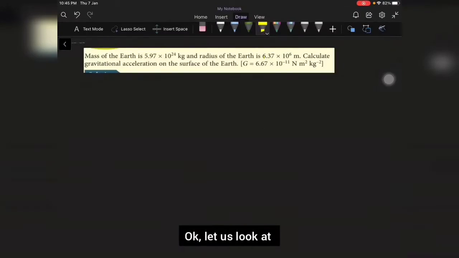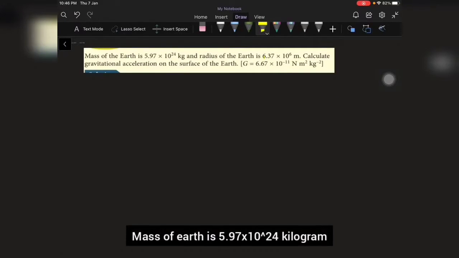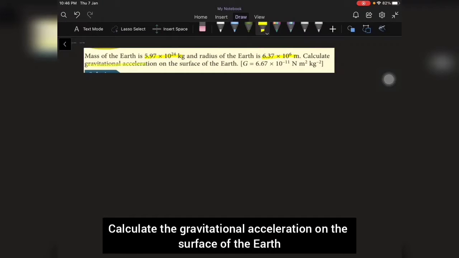Let us look at a few questions regarding gravitational acceleration. The first question: the mass of Earth is 5.97 times 10 to the power of 24 kilograms, and the radius of Earth is 6.37 times 10 to the power of 6 meters. Calculate the gravitational acceleration on the surface of the Earth.